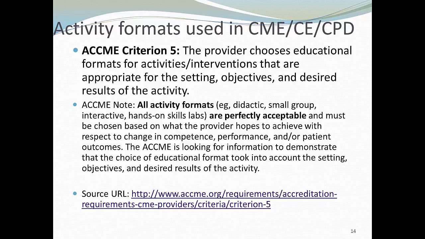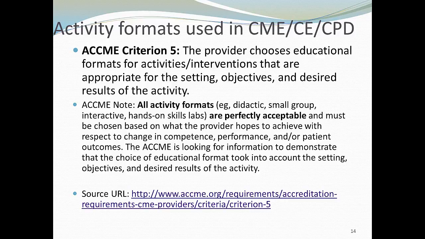And so our big regulator, the Accreditation Council for Continuing Medical Education, that regulates medical continuing ed, is very open-minded about formats. They don't proscribe or prescribe any particular format as long as it's based on learner need, a needs assessment, and that needs assessment was conducted in some objective and evidence-based way.